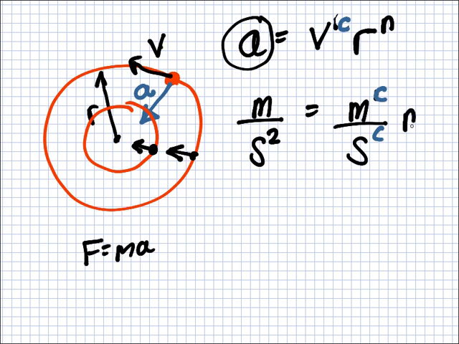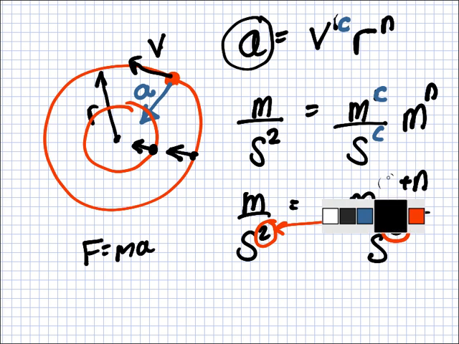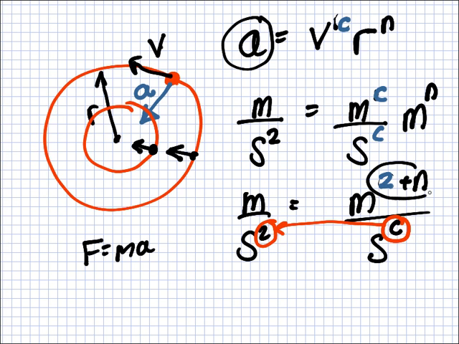Meter. So that's meter to the n. So you get m over s squared equals m to the c plus n over s to the c. Now you can kind of see what the c must be. What must the c be? 2. So you know that the c here is 2. Then you can see that 2 plus n must be the same as 1. So then what does the n equal?